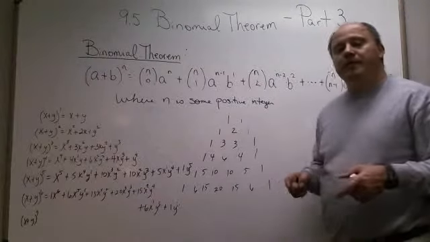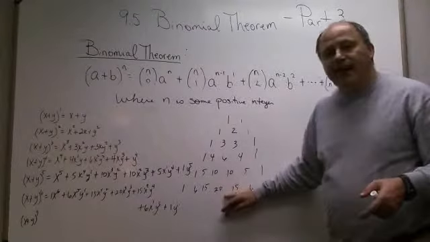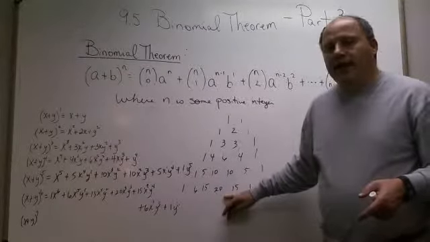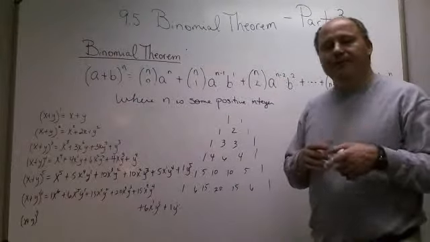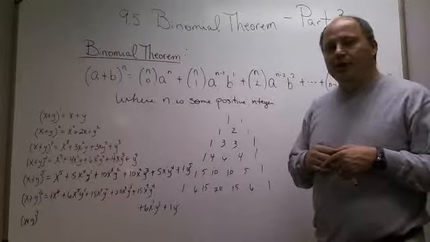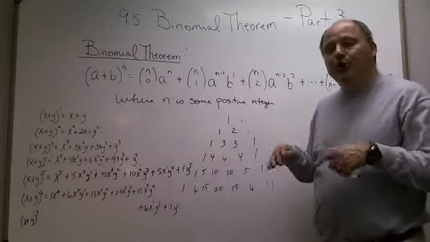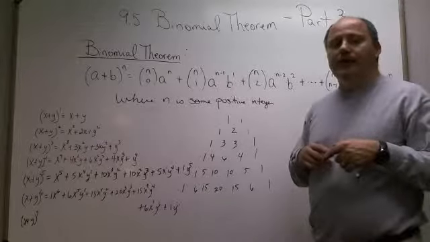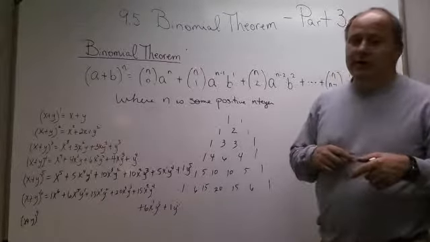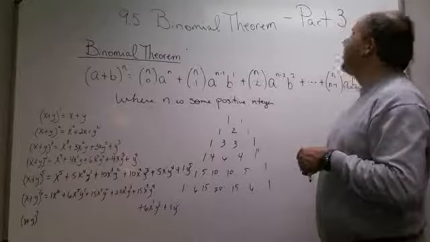This is where the binomial coefficient comes in, because this is going to get tiresome pretty quickly. In the next part, I'm going to show you a couple of examples using the binomial theorem. One, when Pascal's triangle is a good way to come up with those coefficients. And I'm going to show you one where the degree is a little larger and you're not going to want to do that. But I'll save that for part number 4.